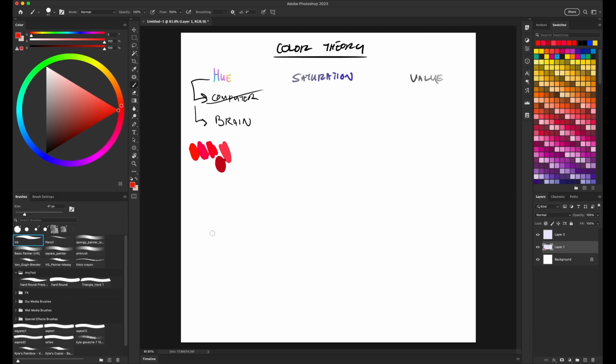I prefer to break down my hue families a little differently than most people do. I do divide my colors fairly narrowly because I find that it helps conceptualize color differently. But when you generally say the word red, you could be referring to anything from here to here in color to here to here, like all of this is red in some respect.